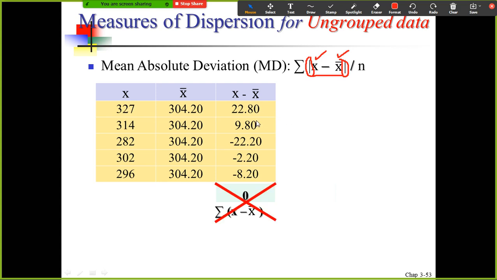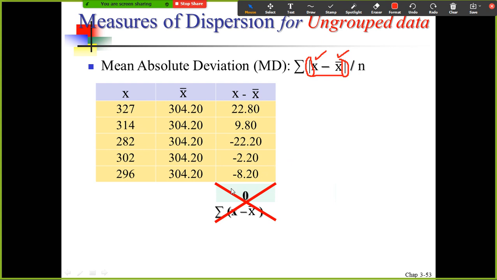Because if we don't put the absolute value, and we add them together, sigma adding, it will be 0. It's wrong. So don't add all of these values together without the absolute value sign. If we add them together, it must be 0.